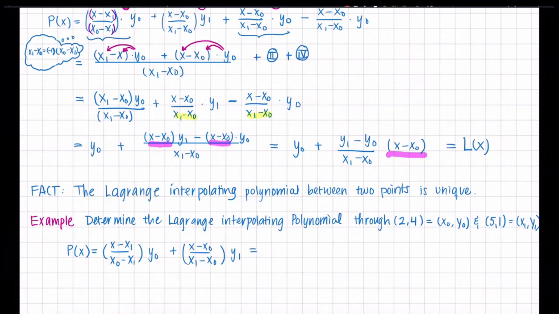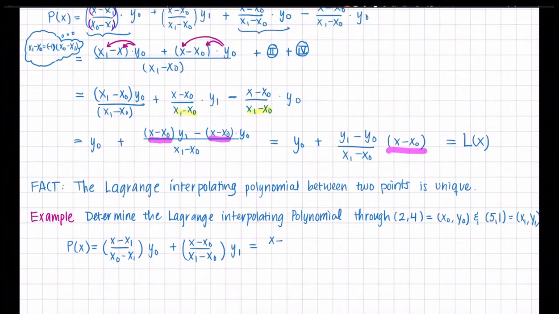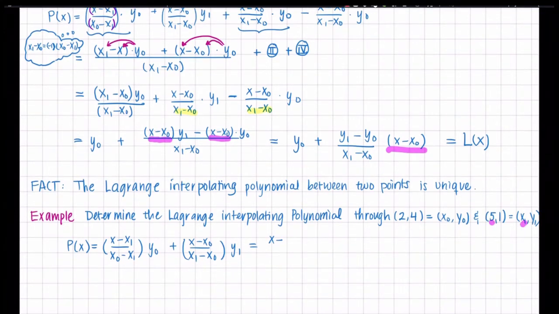And so now I'm ready to write this down. X minus x1. x1, I can see here, is 5. X naught, I can see here, is 2. So I've got 2 minus 5 multiplied by y naught, which is 4.